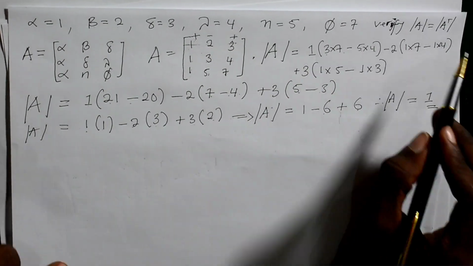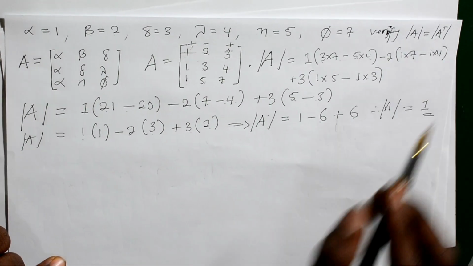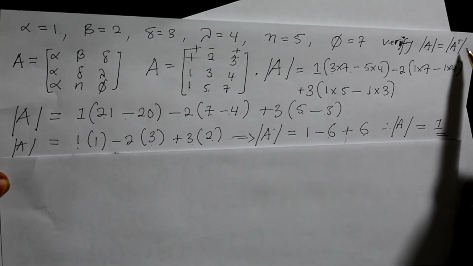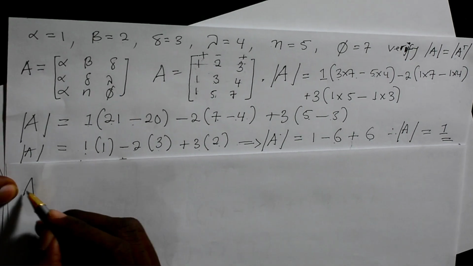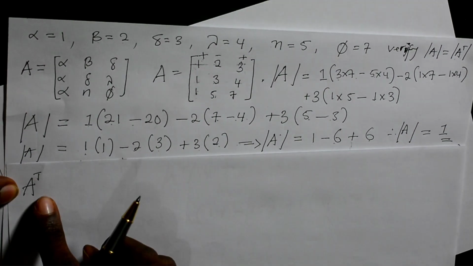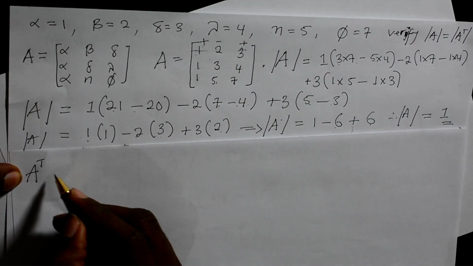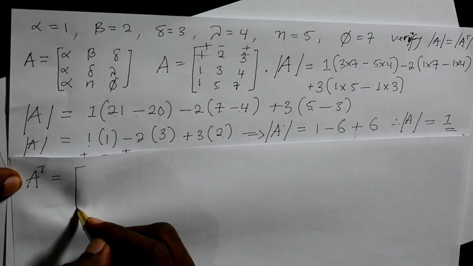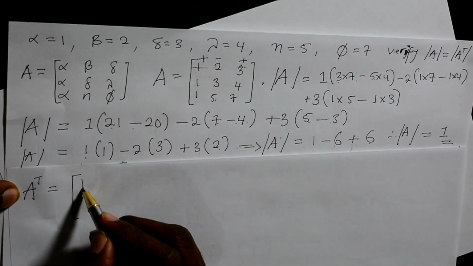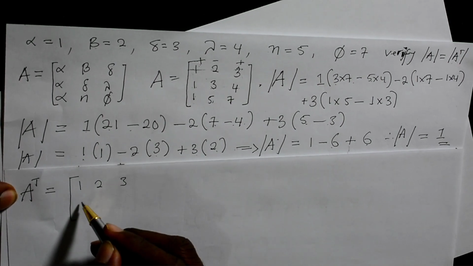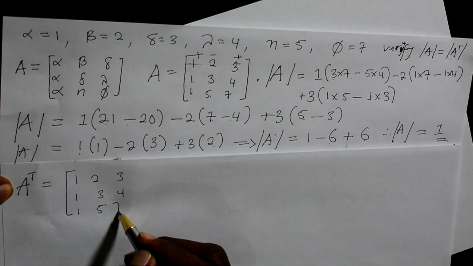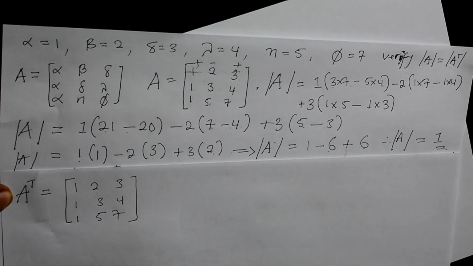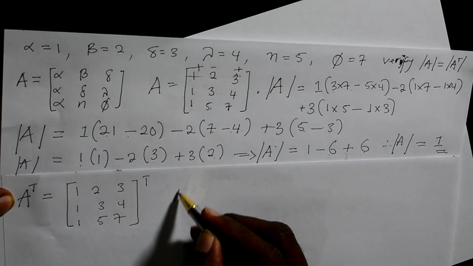So now we are going to find A transpose determinant. So now we are finding for A determinant transpose. A transpose first. So now A is given as this matrix: 1, 2, 3, 1, 3, 4, 1, 5, and 7. So we are going to transpose this matrix.